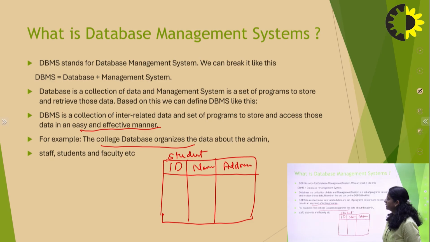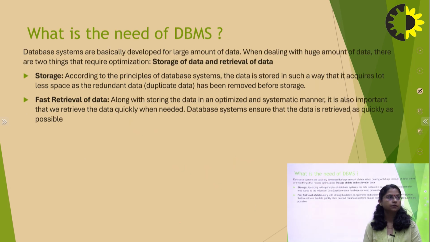Likewise, we can store data in tabular form. Why do we need to store data in tabular form? Because by organizing data in tabular form, we can retrieve data very easily.